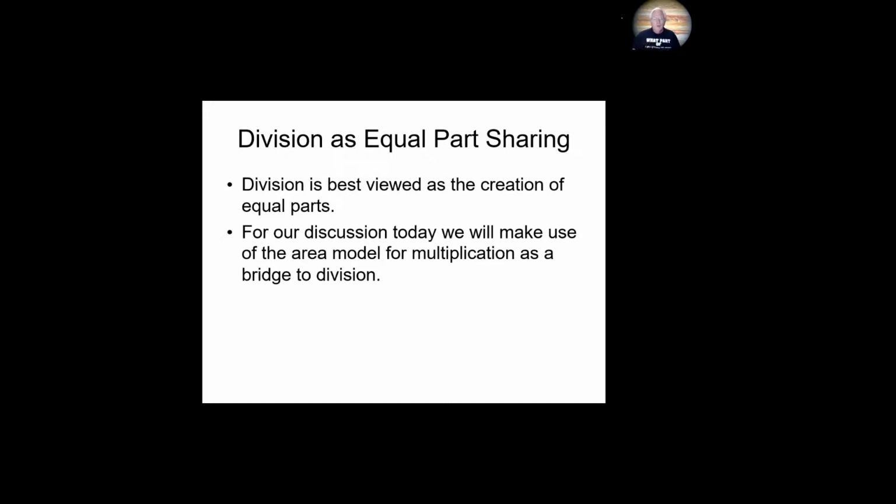If the only way you have of viewing multiplication is as repeated addition on a number line, then the only way you have of viewing division is by repeated subtraction. And cognitively, that's crazy. I mean, that's not the way we address the problem. We address the problem by the creation of equal parts. And as we'll find, it's much easier to handle from the area model perspective.